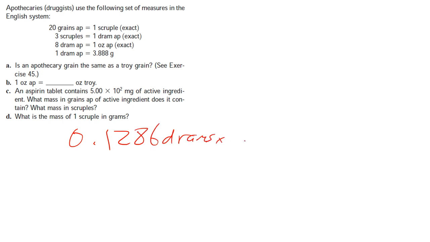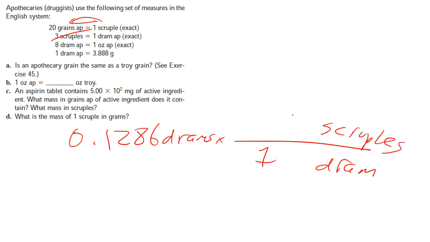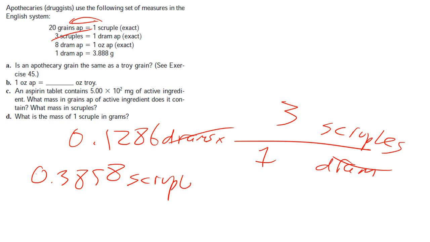And from grams, we've got to convert 1 gram to scruples, because from scruples you can convert to grains. I put grams on the bottom to cancel them out. 0.1286 multiplied by 3 gives 0.3858 scruples.